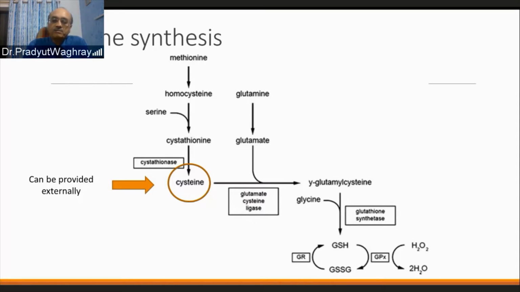This is then used by the enzyme glutathione peroxidase to convert hydrogen peroxide to harmless water. To summarize, it is cysteine which is the basic ingredient responsible for the production of glutathione, a very potent antioxidant.